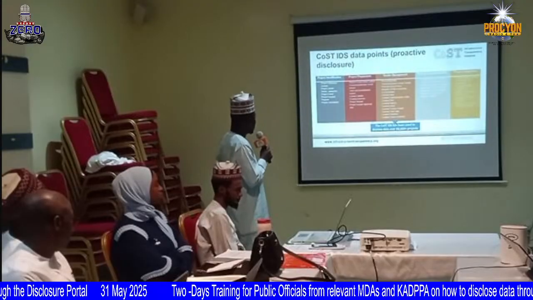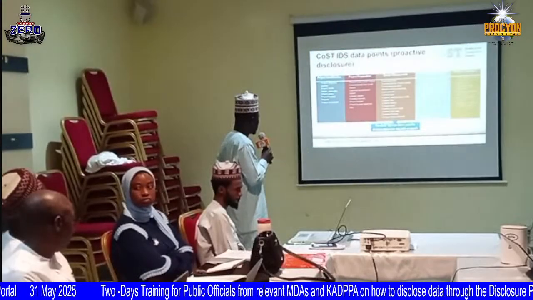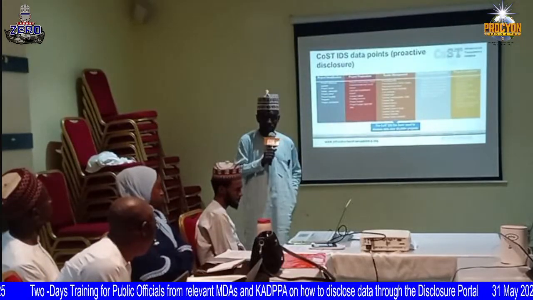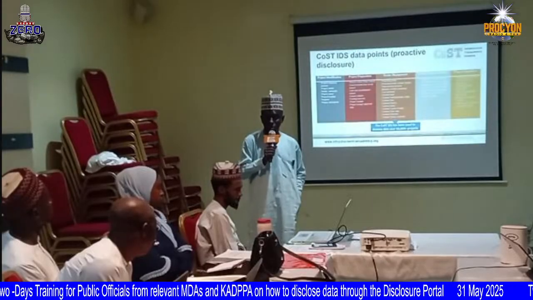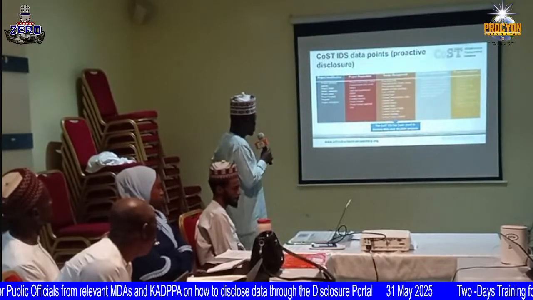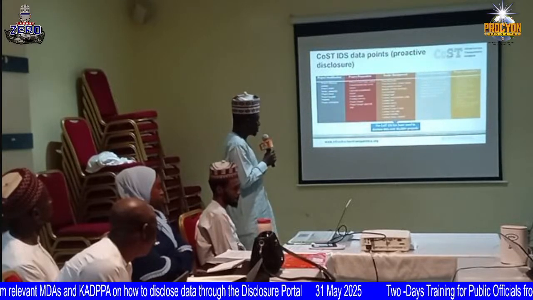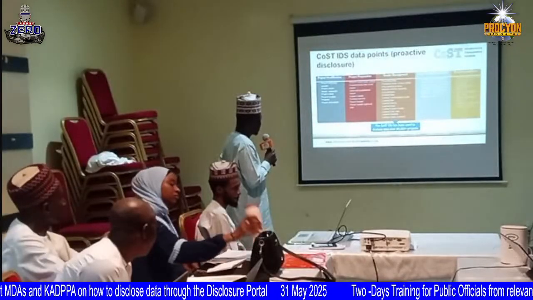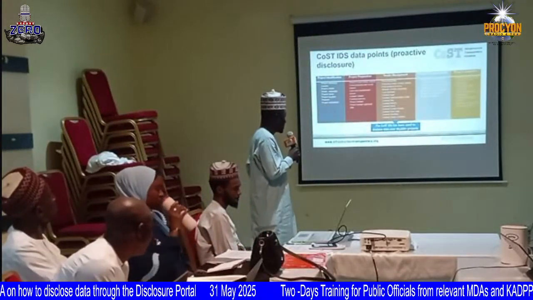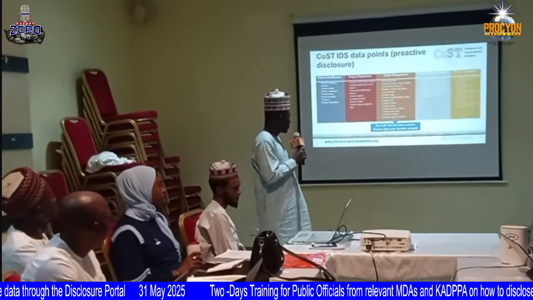We'll also have information on contract implementation. That has to do with variation to contract price, just as Mr. Dara was talking about budget overrun, escalation of contract prices, variation to contract duration, and variation to contract scope, and the reasons for those changes in terms of price and scope.